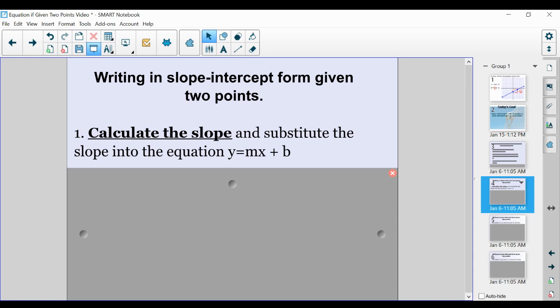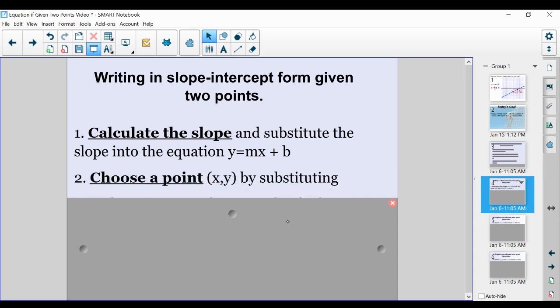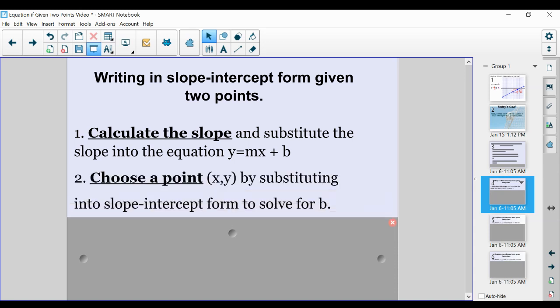After we then calculate the slope, we're going to have a slope value. We're going to have a value to substitute for m. Well, we're then going to choose a point, x comma y, and then substitute into slope-intercept form to solve for b. The reason that we're able to choose a point is because, well, we're given 2 of them. We're given 2 points. So we have to choose a point.